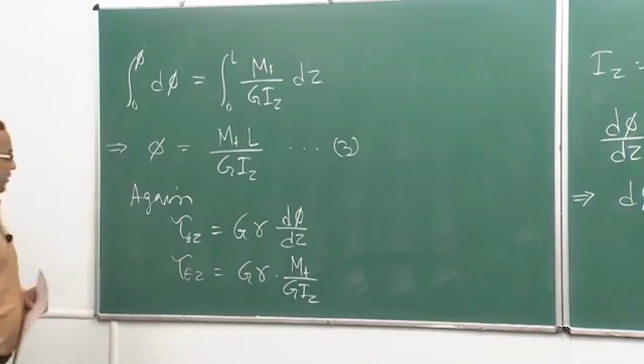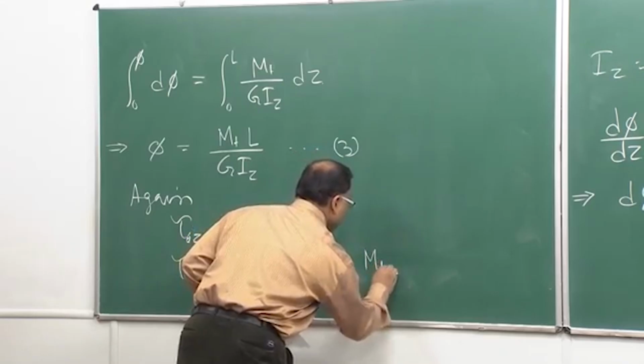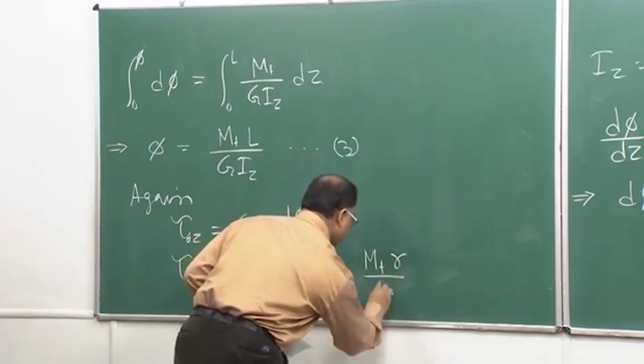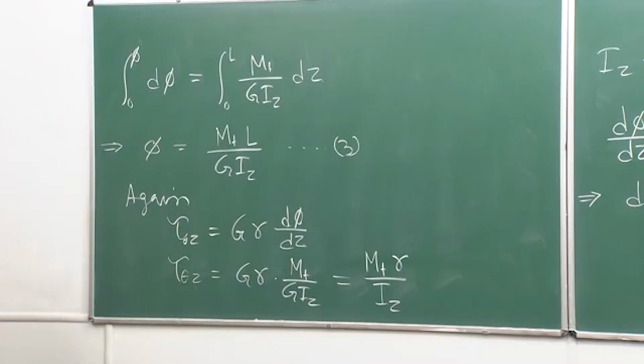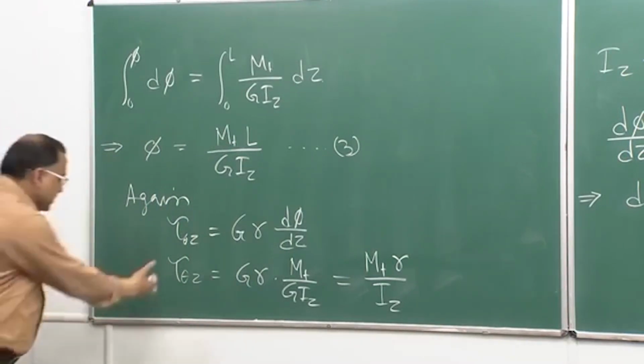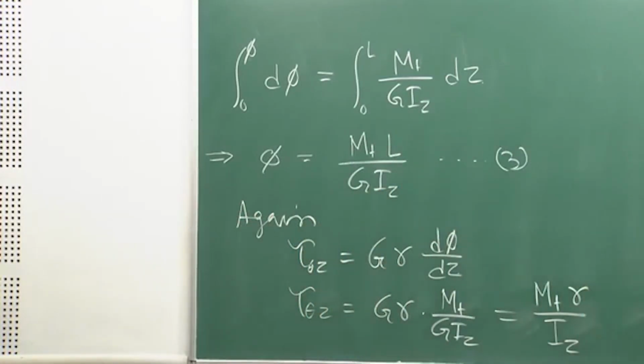That gives me mt r by I z. So, I am getting the shear stress developed due to the application of mt in terms of the geometrical parameters.